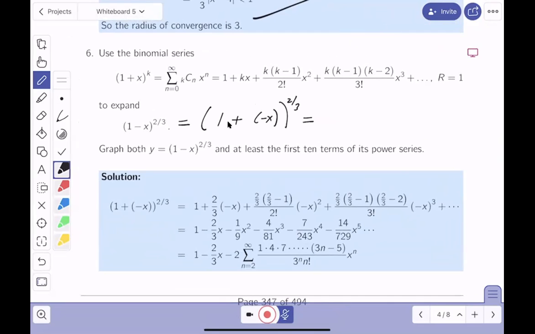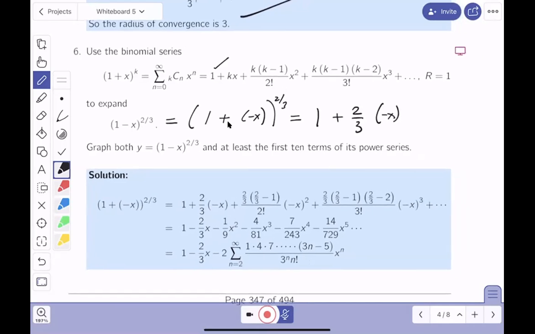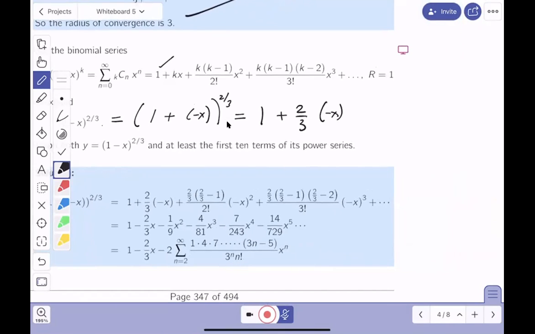Well, let's write it down. We get a 1 plus, what's k? It's 2/3. What do you get? The x, minus x now, right? We'll clean it up later. Plus, let's write this down. What's k? 2/3. And it's going to be 2/3 minus 1 over 2 factorial.